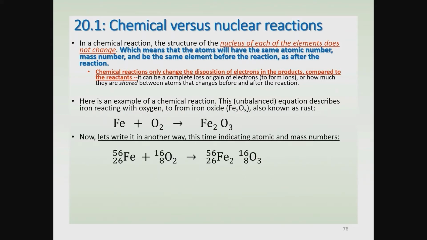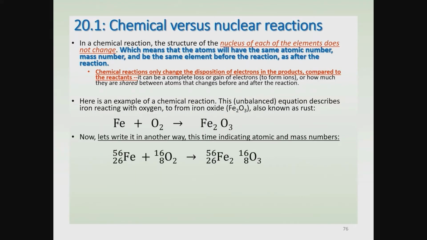For example, the iron we started out with is iron, so you can look up its atomic number, which is 26. In this example it has 30 neutrons, so the mass number is 56. When that iron combines with oxygen, you can see that the atomic number and the mass number of the iron are still the same. That did not change.